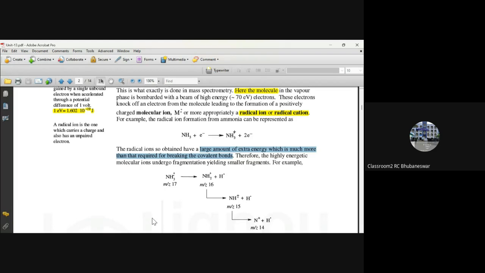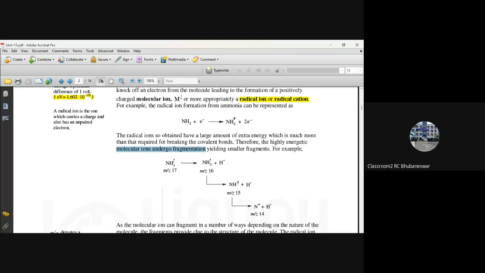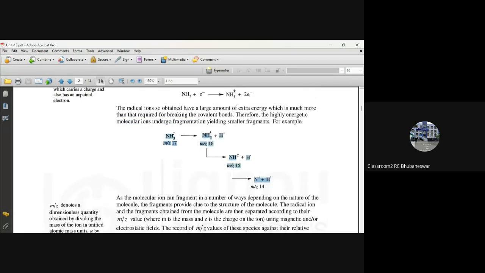So after getting the molecular ion or radical ion, it is associated with some extra energy, and therefore a highly energetic molecular ion undergoes fragmentation. Subsequent fragmentation goes on, yielding smaller fragments. So apart from the molecular ion peak, you will be getting other small peaks due to the fragments. That also you have to predict from the spectrum.